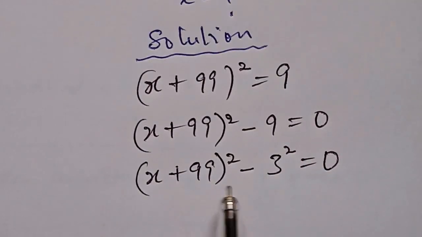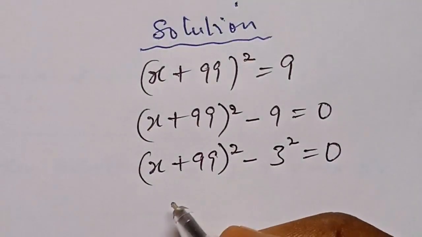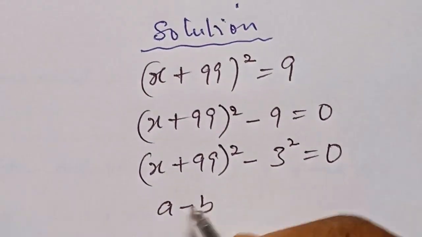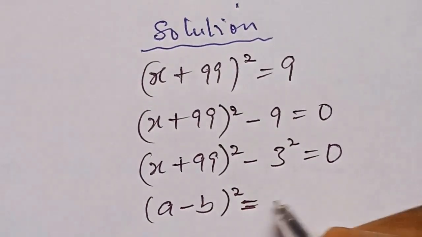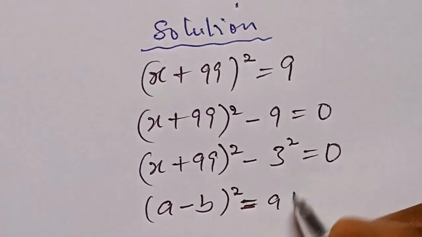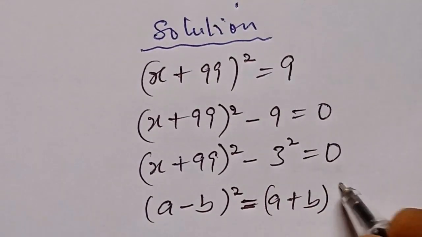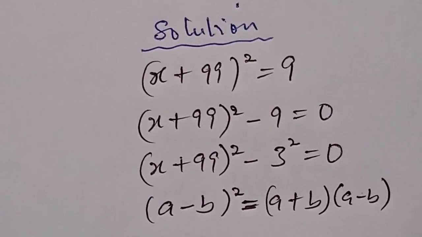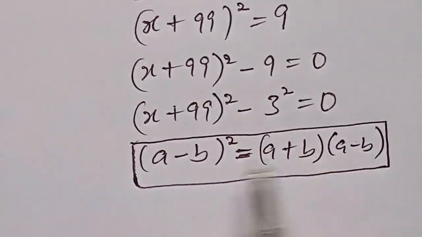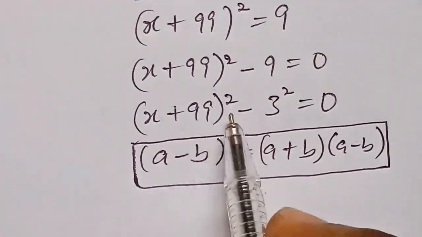From this step, we have this expression looking like a difference of two squares, which can be expressed as a minus b all squared is given by (a + b)(a - b). So we apply this identity to the next step.